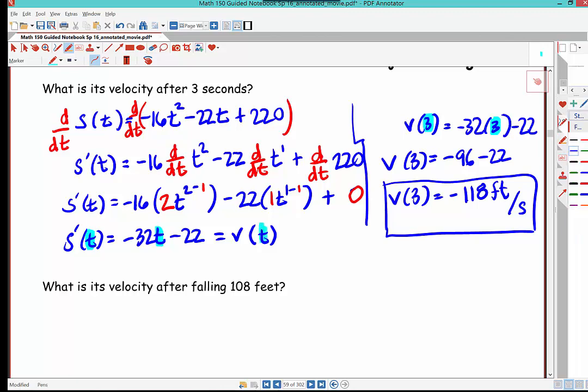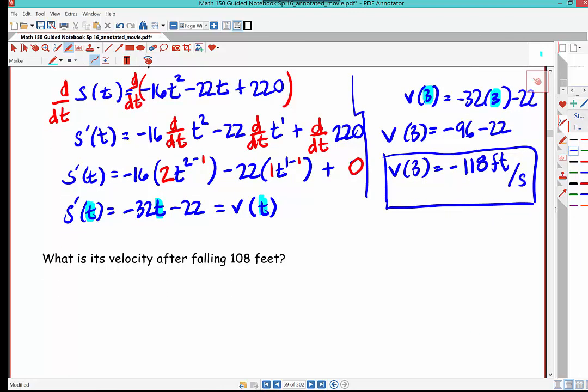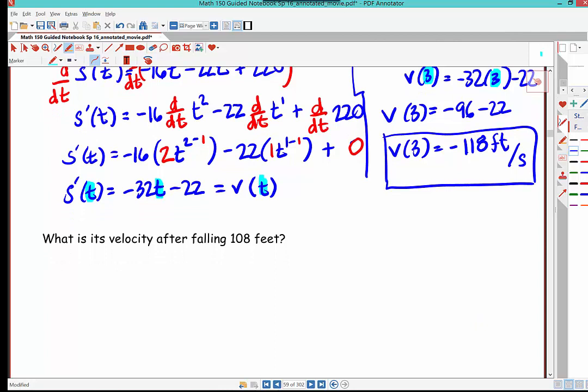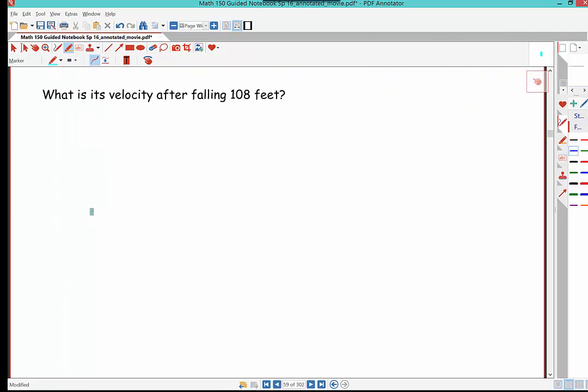Okay. So now let's see what we have to do on this next one. We want to find the velocity after falling 108 feet. So what all do we need here? What do you think? We have the velocity function. Good.